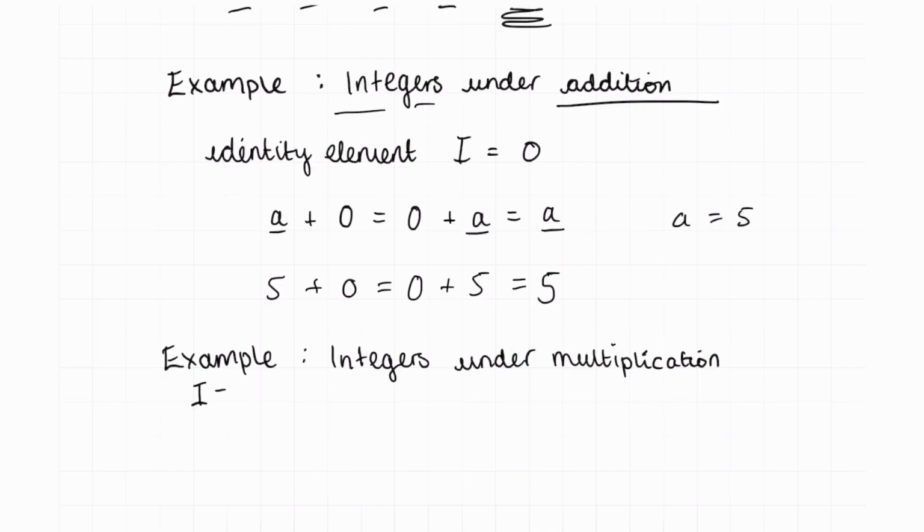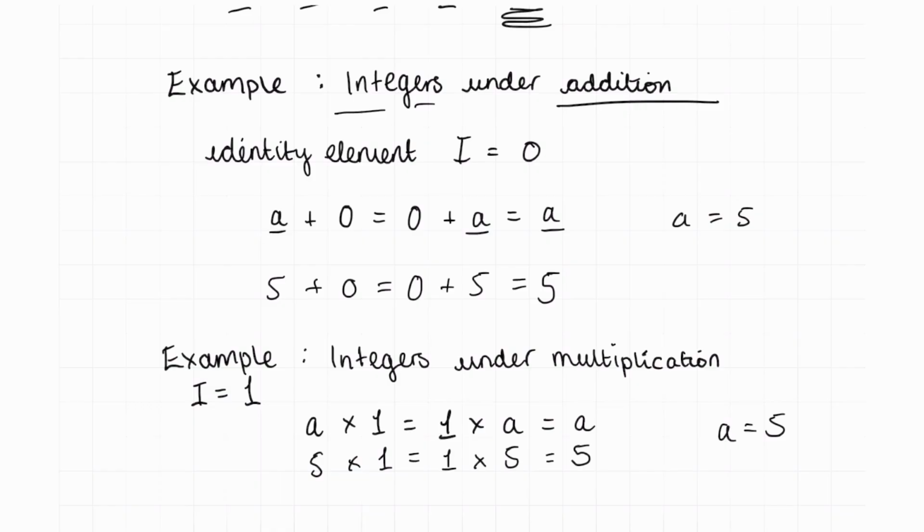So I equals 1, because any element multiplied with 1 is equal to 1 multiplied by any element, which returns the element itself. And let's again say that A equals 5. 5 times 1 is equal to 1 times 5, which is equal to 5.